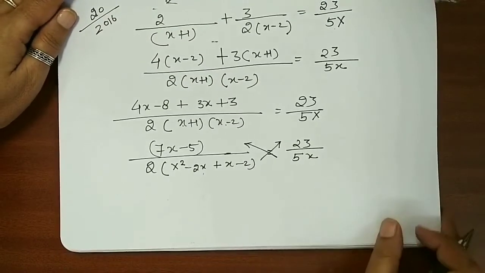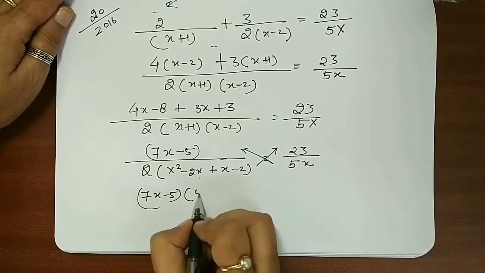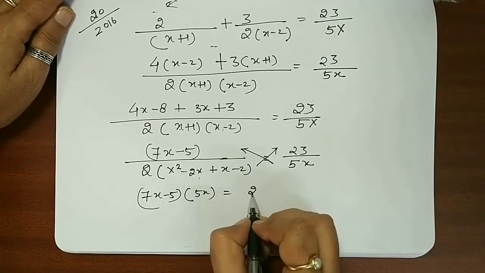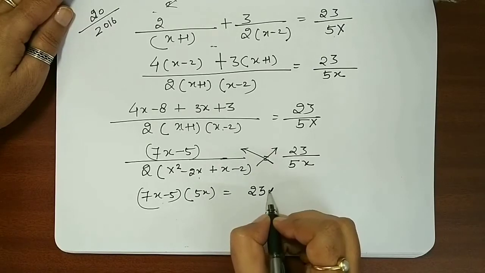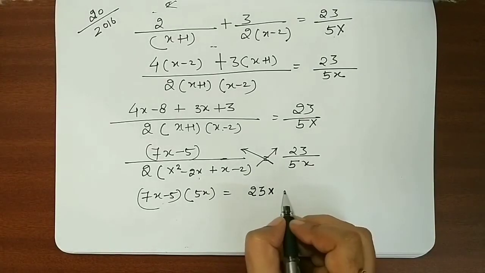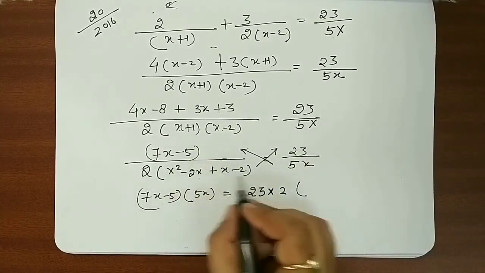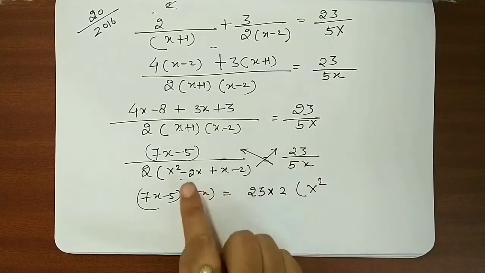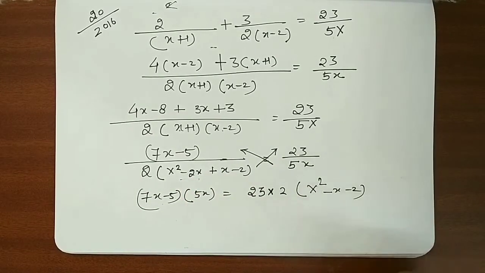So here I can do (7x minus 5) into 5x is equal to 23 into 2, 23 into 2 into this thing. This is x square minus 2x plus x, I am just simplifying it, minus x minus 2. I hope you got it.